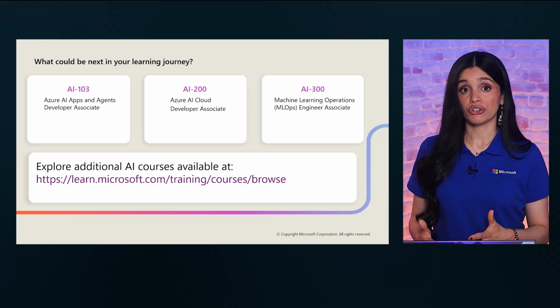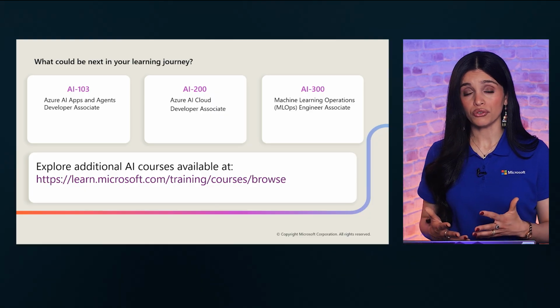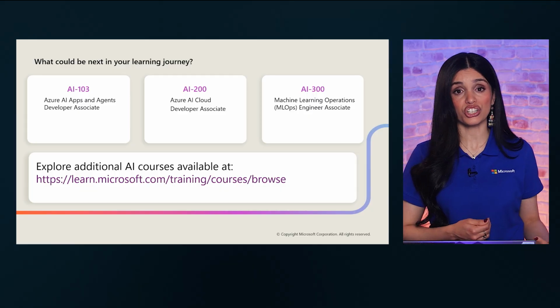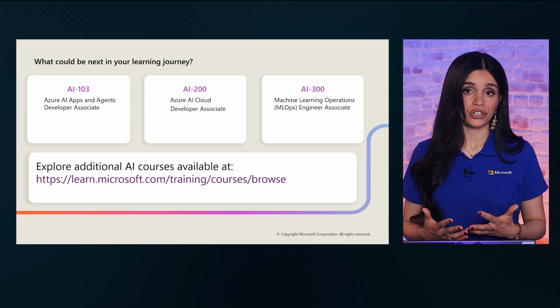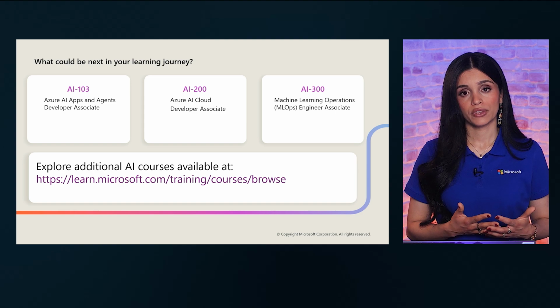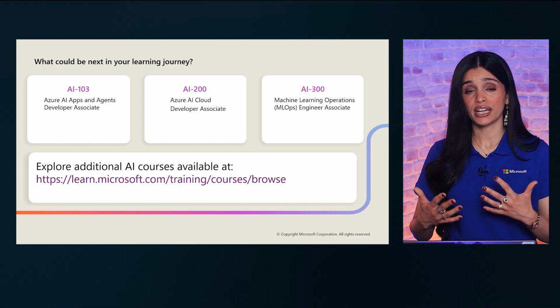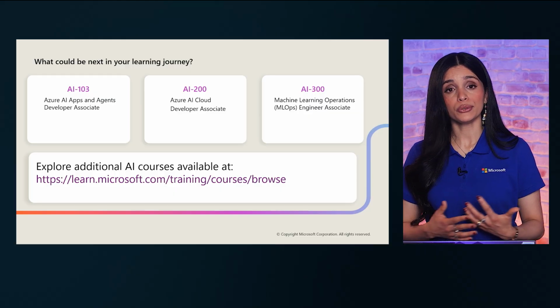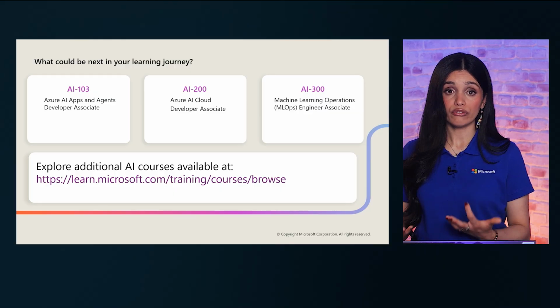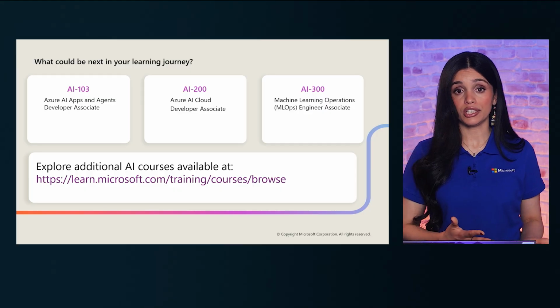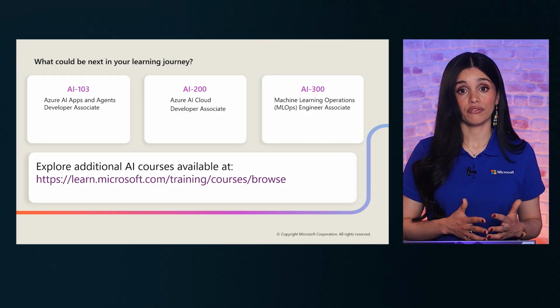And if you are more interested in deploying, monitoring, and operationalizing AI systems in production, then AI-300 may be the best fit for you. This path focuses on MLOps and generative AI ops, helping you design and manage the infrastructure lifecycle, observability, and optimization of machine learning and generative AI solutions on Azure.